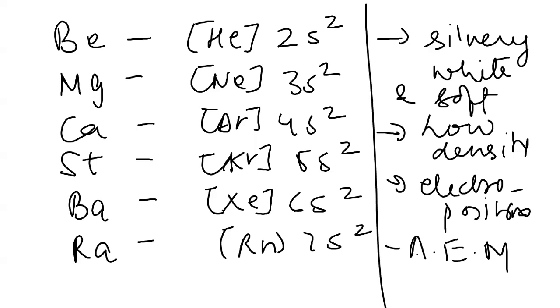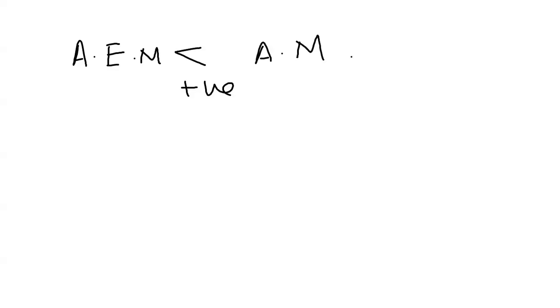They are soft, they are electropositive, but they are less electropositive than alkali metals. So you can write down: alkaline earth metals are less electropositive than alkali metals.